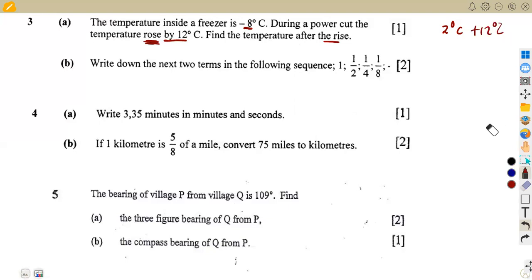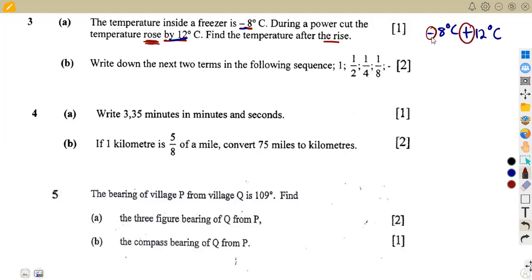So it is the same idea. Even if it is negative here, the temperature initially was at -8. Then it increased by 12. So to increase, we are supposed to add 12 degrees. There they are just testing you on directed numbers. That is the consideration there, the directed numbers concept.